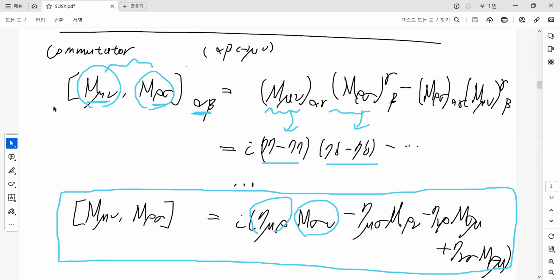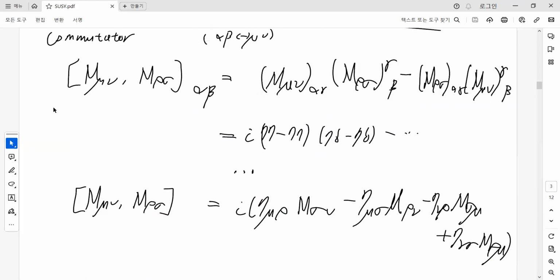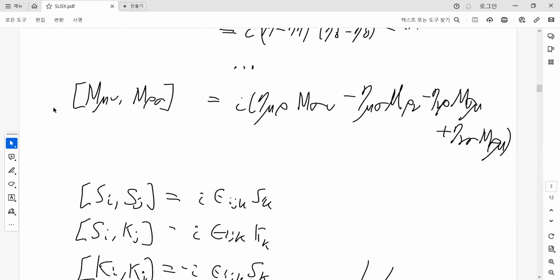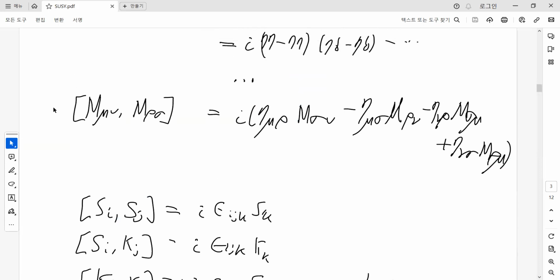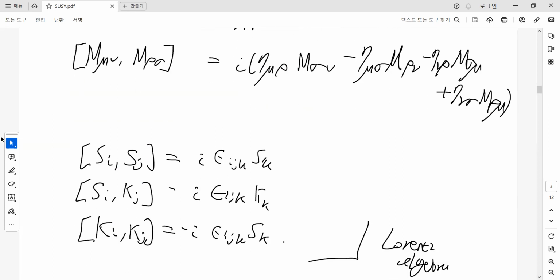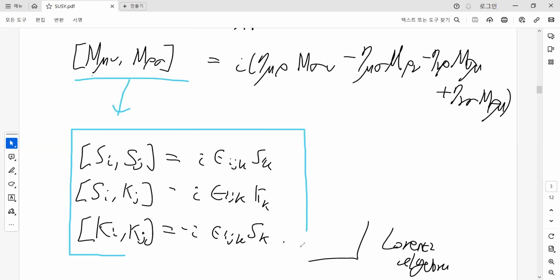Now we want to include the momentum operators. By using the commutator relations of the M generator, we can also obtain the commutator relations between the spin and the boost, and the boost and the boost. By using linear combinations, the Lorentz algebra is homomorphic to SU(2) times SU(2).